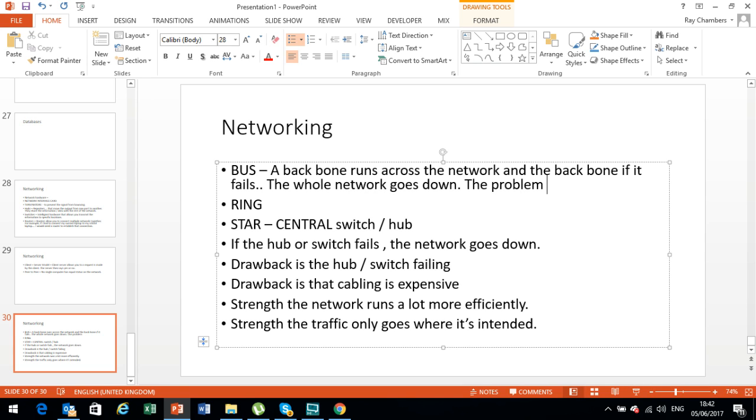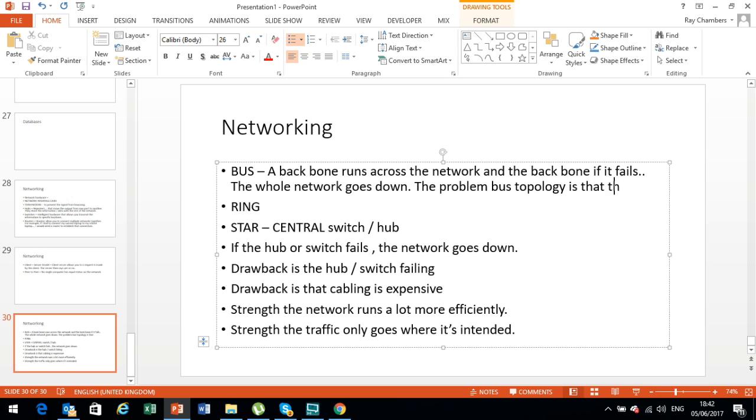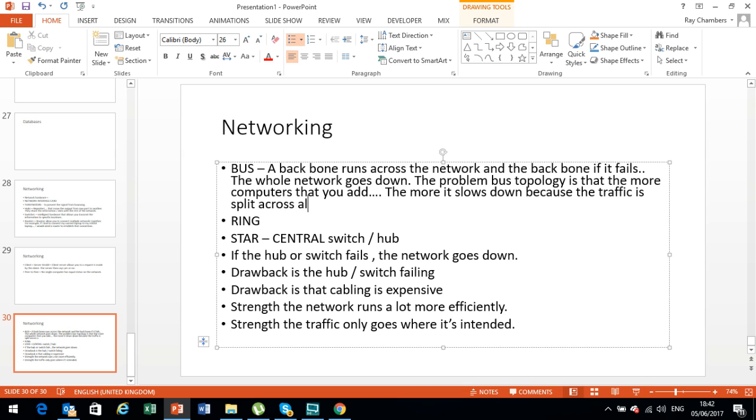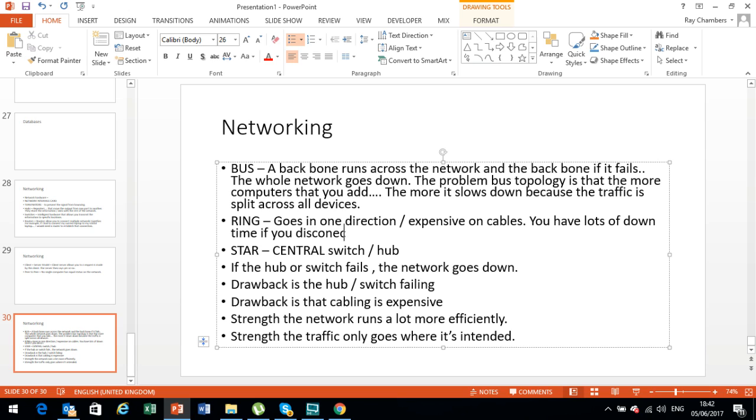The problem with the bus topology is that the more computers you add, the more it slows down because the traffic is split across all devices. Ring goes in one direction, is expensive on cables, and you have lots of downtime if you disconnect one computer. So that's something to bear in mind.